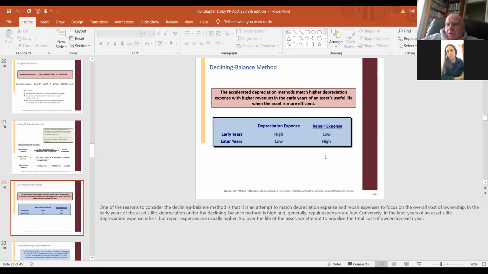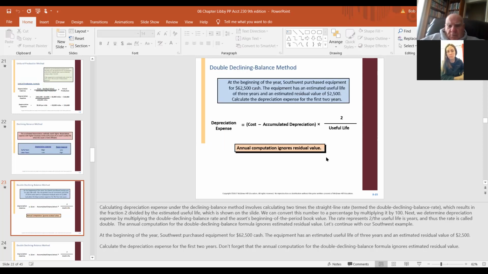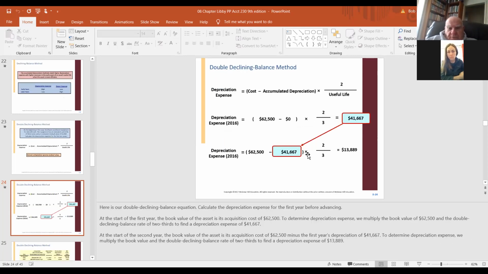So every year, we're going to multiply the remaining book value by 2/3. Well, there it is. 1/3 times 2 is 2/3. They've got double declining balance up there. First time I've seen that.